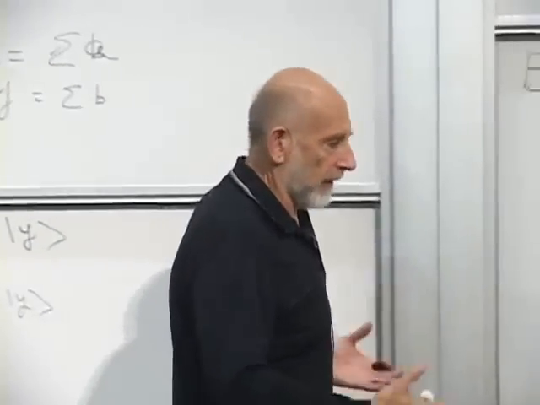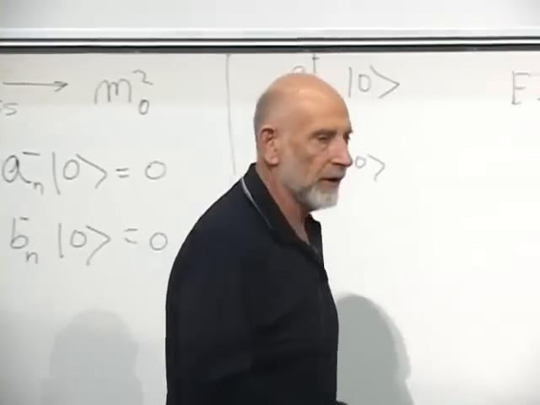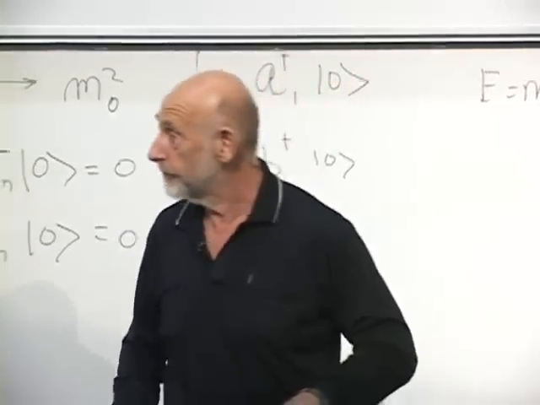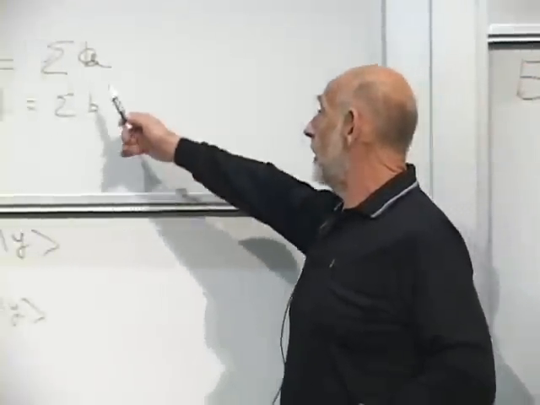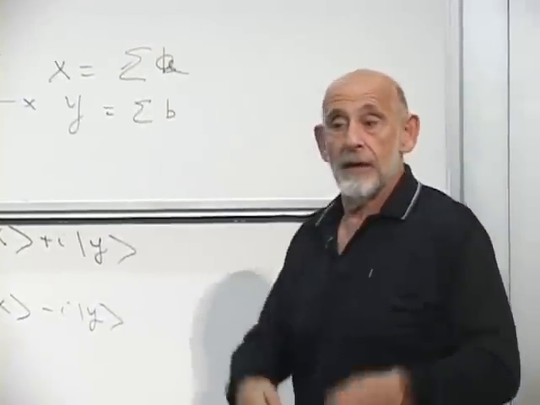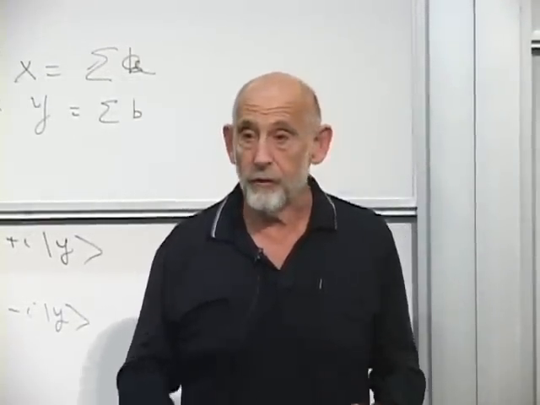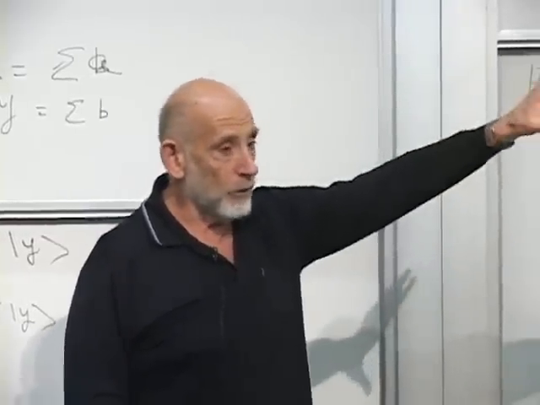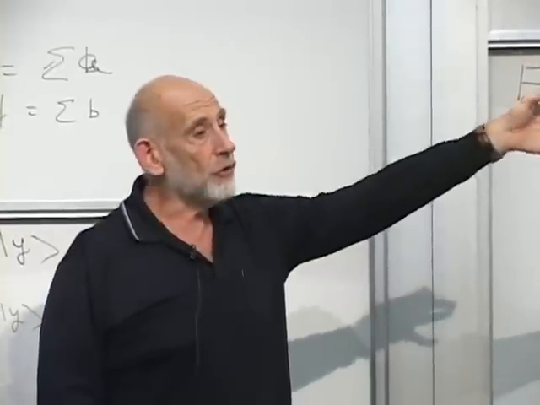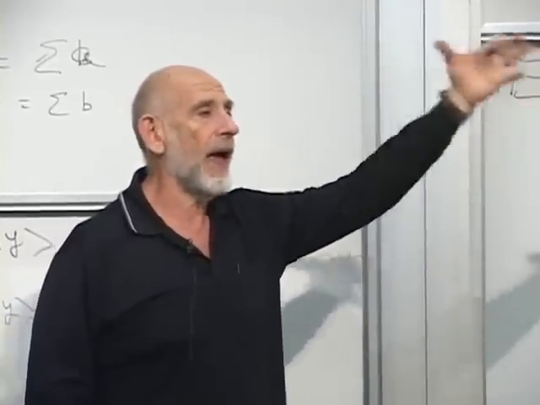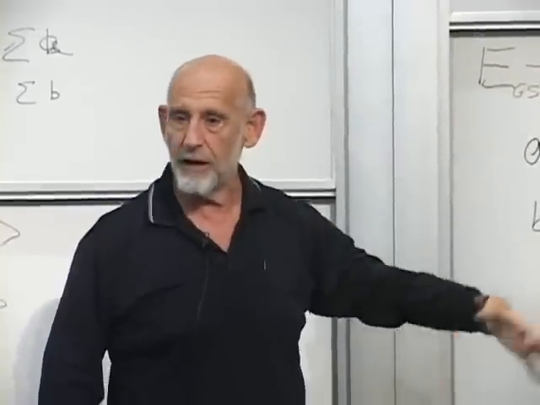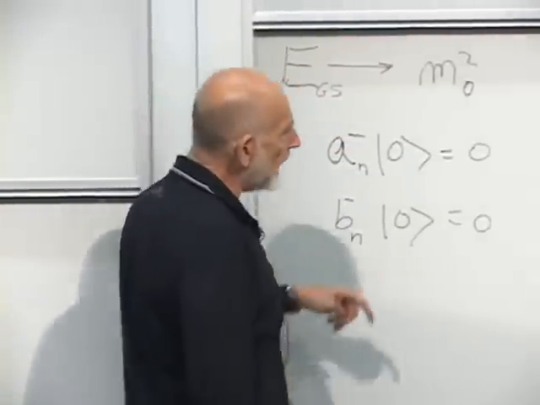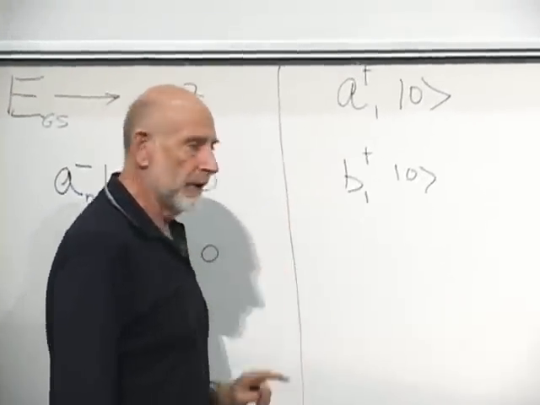They transform like the components of a two-dimensional vector. What about the A's? The A's obviously also transform as a vector. A and B, if you were to rotate the coordinates, would transform into some A cosine theta plus B sine theta. It would just rotate like a two-dimensional vector. So these A's and B's are vectors.